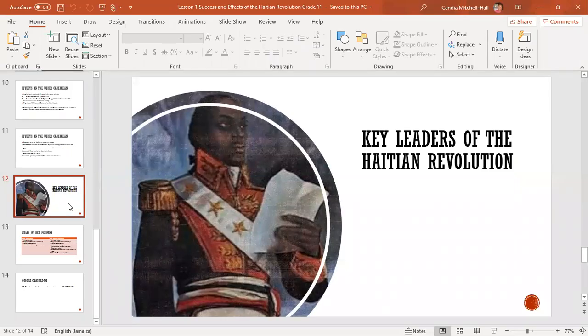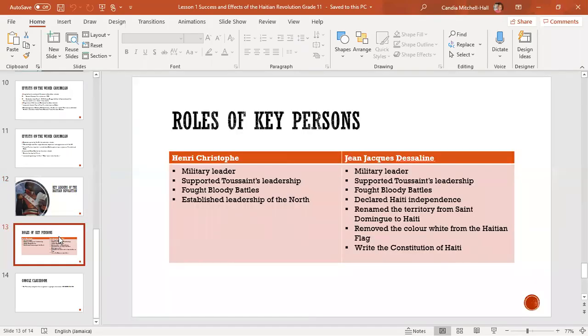So one of the groups would have looked at Toussaint Louverture. The other persons who were very involved in the Haitian Revolution were his generals Henri Christophe and Jean-Jacques Dessalines. Now, Henri Christophe, we know he was a military leader. He was born in Grenada.